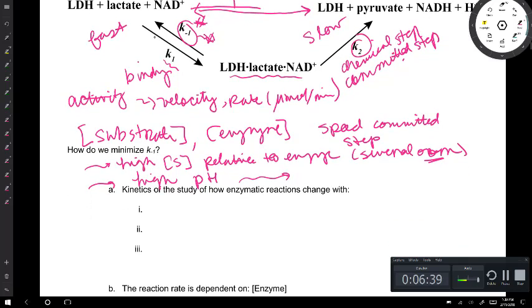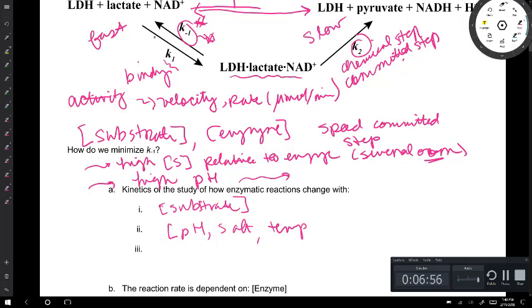So when we're measuring enzyme kinetics, we're seeing how the rate of enzymatic reactions changes with the concentration of the substrate. We can see how they change with pH, with salt, and with temperature.